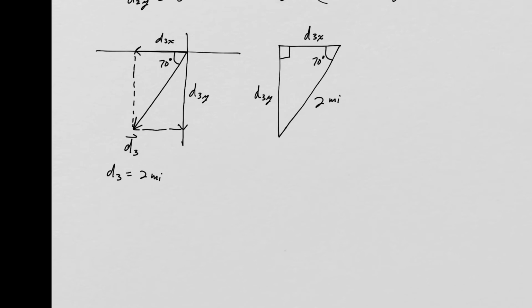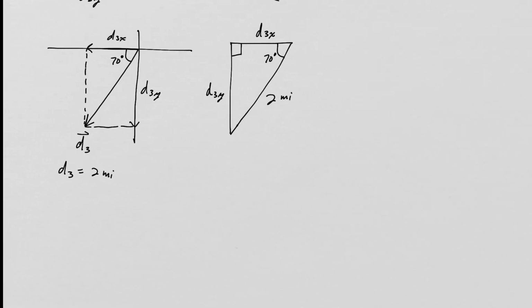So then relative to the 70 degrees, d3x is adjacent. This is adjacent, and this is hypotenuse. So what trig function relates adjacent and hypotenuse? That's cosine. So I know that cosine of 70 must be d3x divided by 2. If I solve for d3x, I can multiply both sides by 2.